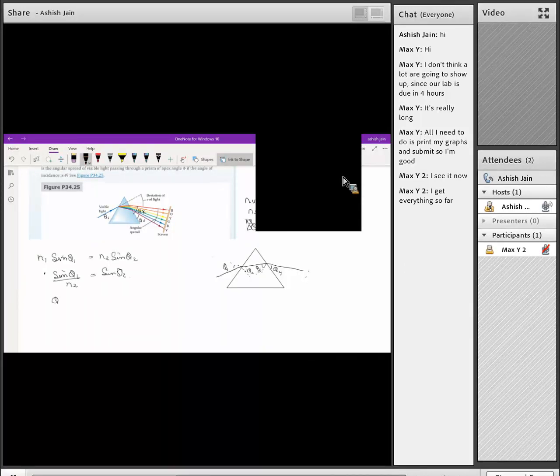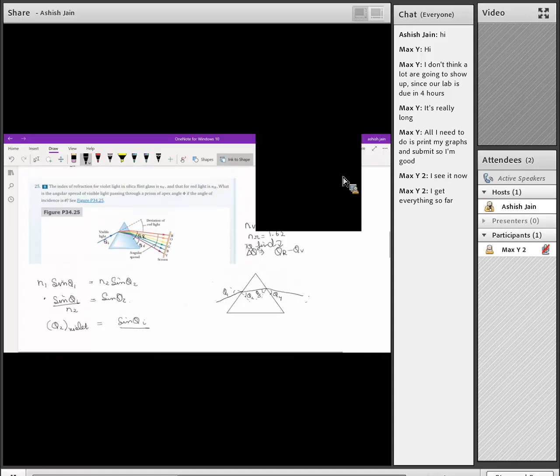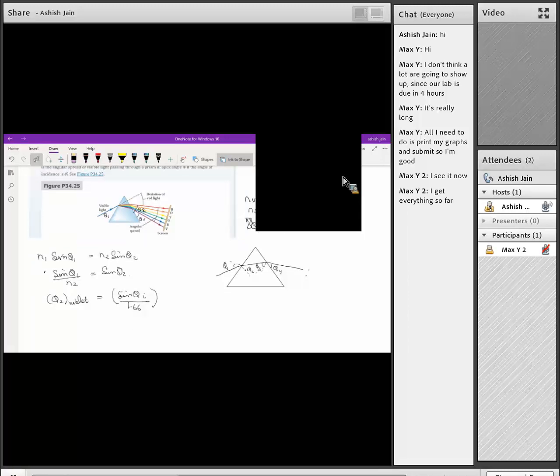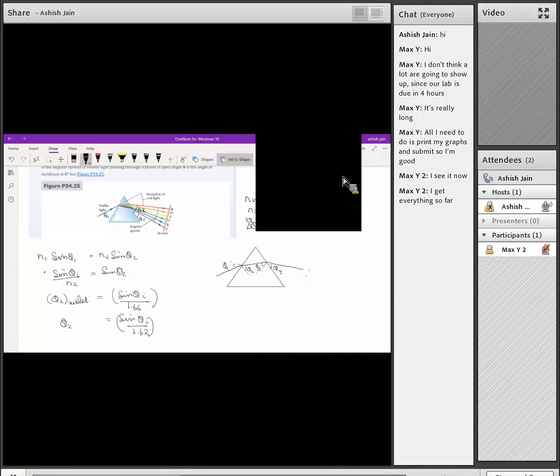So theta 2 for violet is sine theta 1 by 1.66, and theta 2 for red is sine theta 1 by 1.62.